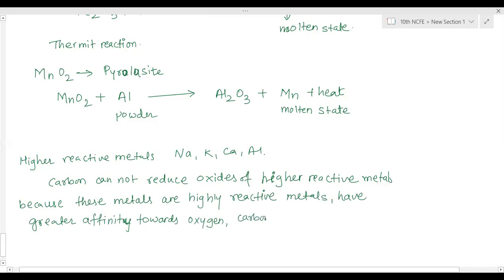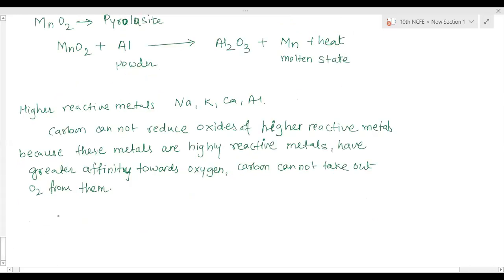Carbon cannot take out oxygen from them. So therefore, these oxides are reduced by electrolysis.